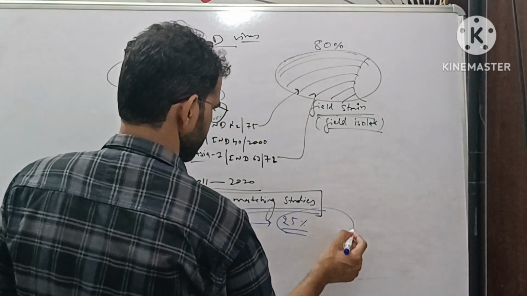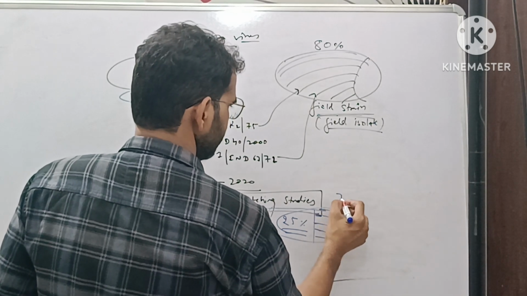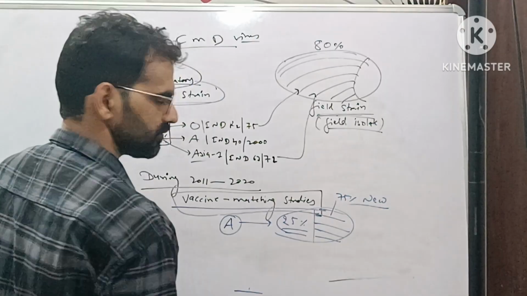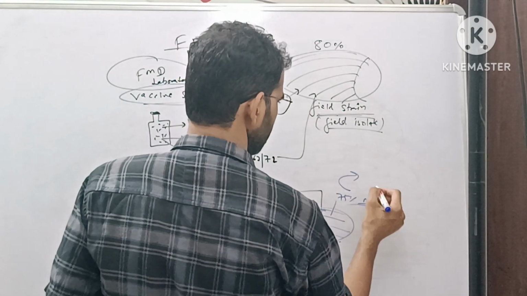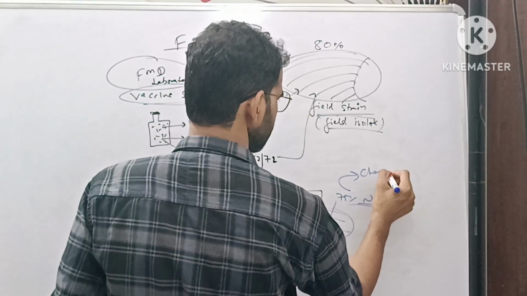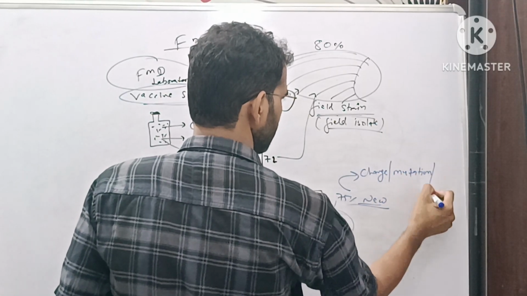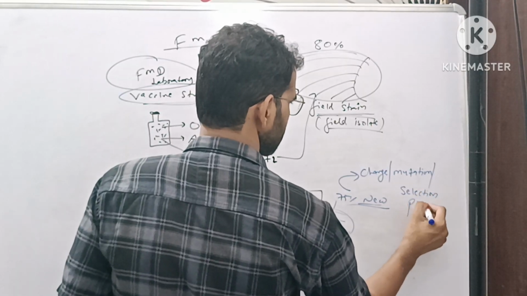25% of the population, meaning 75% of the field isolates were new. Why were they new? Because of change, or because of mutation, or because of some selection pressure.